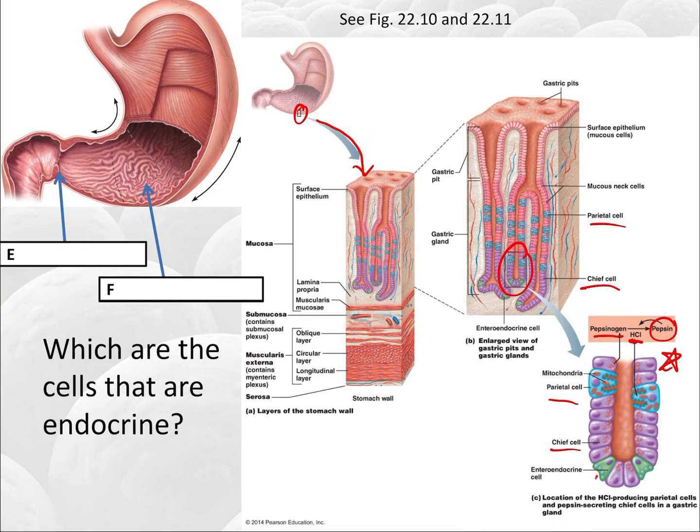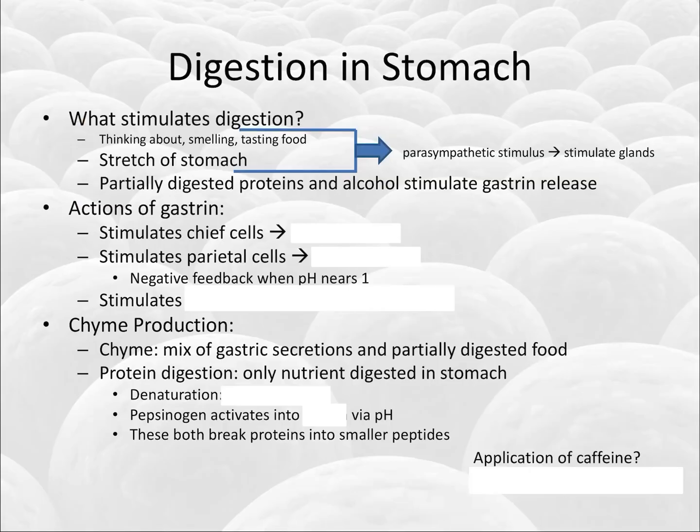You can see little vesicles going out into the blood instead of into the gastric pit like these are. Over here, E is that sphincter, the big pyloric sphincter. F is just those gastric rugae, those folds that allow for expansion. And you can see very clearly that there's multiple layers of muscle in the stomach, all going different directions. That really helps it to smash down and push things around.